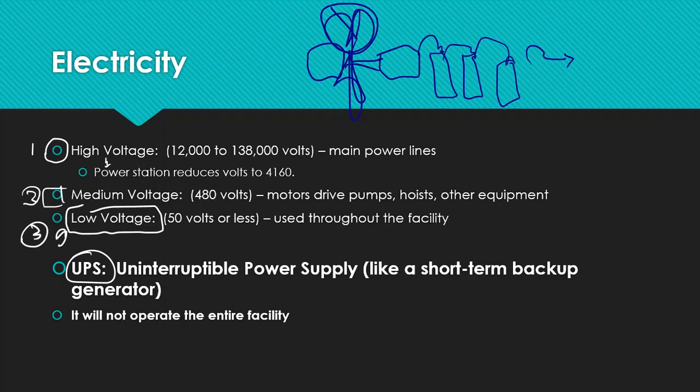So we've got to have a backup. One of the backups that we can have is called an uninterruptible power supply. I want you to think of this as almost like a little temporary battery pack. That's the thing with this UPS design, this short-term backup generator. Sometimes people just call them the UPS, but UPS, or uninterruptible power supply, is what this is for.